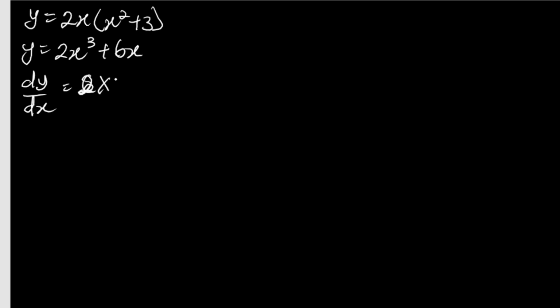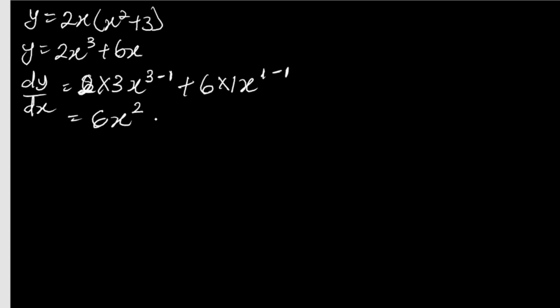That is, 2 multiplied by 3, x raised to the power of 3 minus 1, plus 6x, that is 6 times 1, then x raised to the power 1 minus 1. This gives us 6x raised to the power of 2 plus 6x raised to the power of 0. Remember, anything raised to the power of 0 gives us 1. So we have 6x squared plus 6. That is the final answer to this particular question.